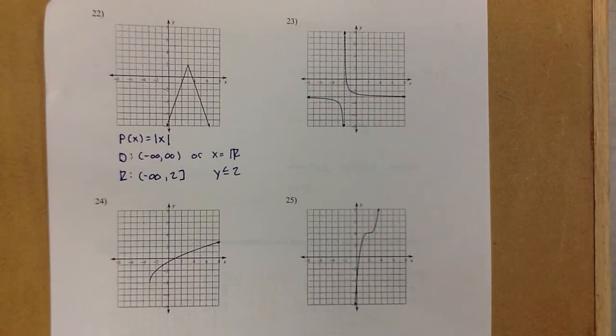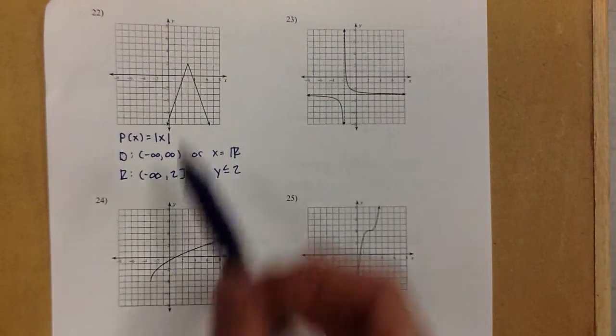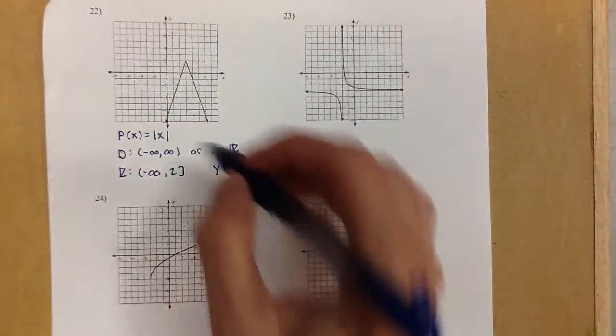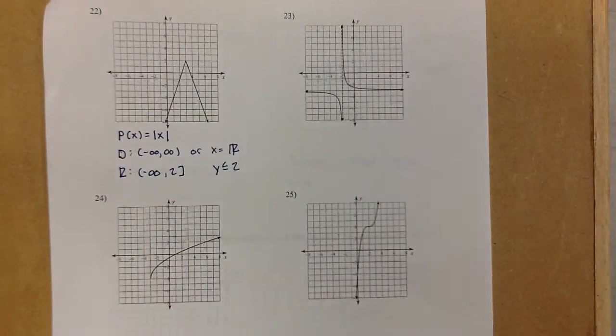Now, when you say negative infinity to 2 and then 2 to infinity, you're telling me there's a break somewhere in there. Is there a break anywhere in this graph? No. So negative infinity to 2, the end. Okay? If there's not a break, you shouldn't have unions anywhere.